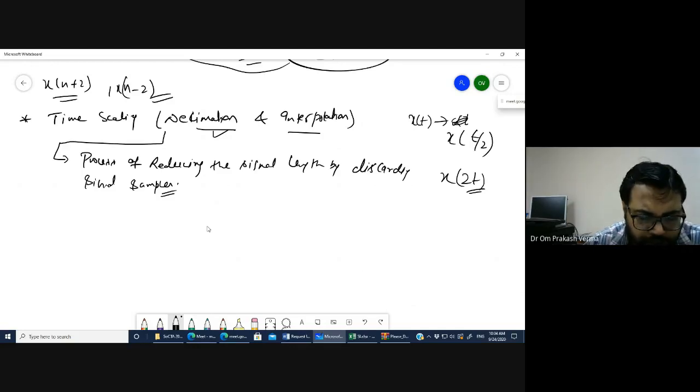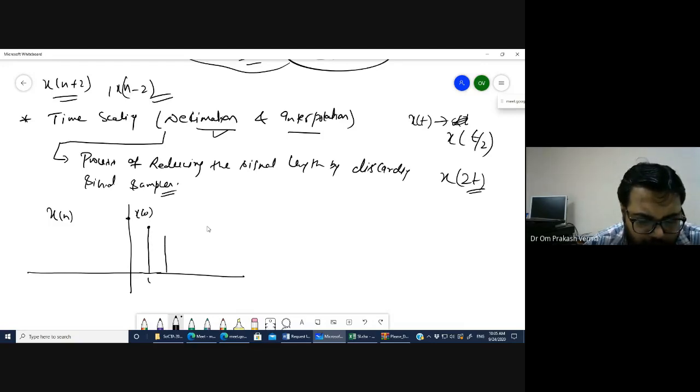Let's say x[n] is, I'm taking one example and then you can understand it much better. Let's say this is x of 0, this is x1, this is x2, this is x3, this is x4, this is x5.